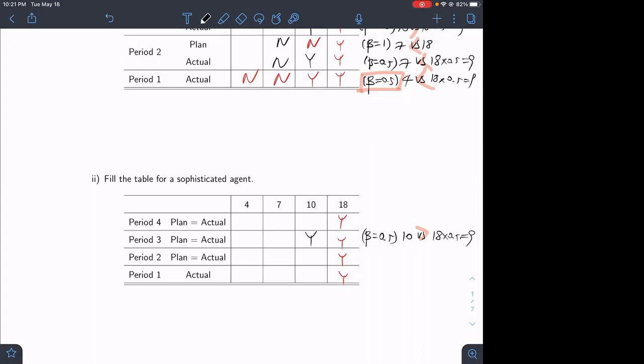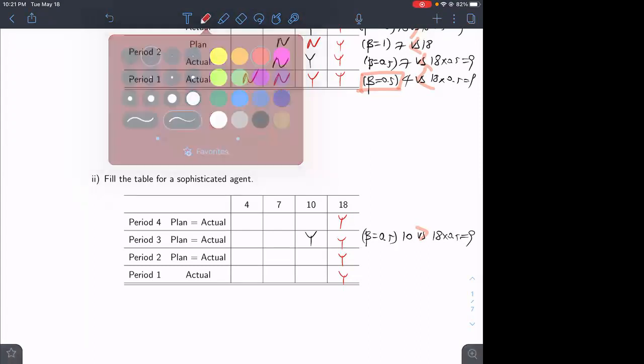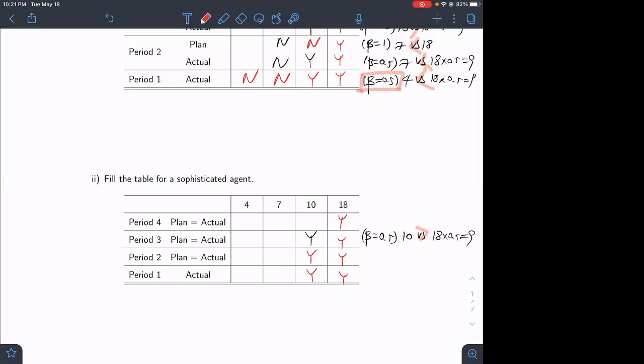And then let me just copy and paste for the future users, and focus on this cell of the table here. For this one, beta equals 0.5. 7 is the utility for watching the movie now, versus if I don't watch the movie now, he's going to watch the movie in the third period.